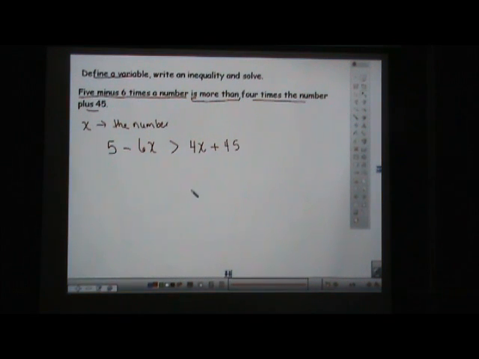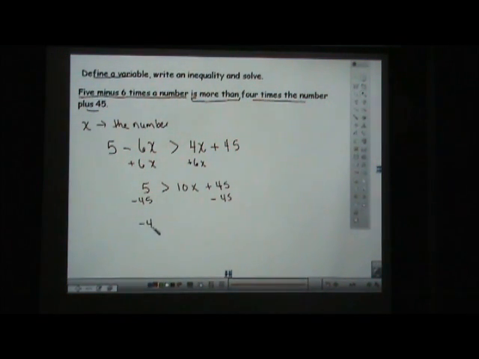Now we'll solve. Two ways to solve this. You can subtract 4x from both sides, or you could add 6x to both sides, and that's what I'm going to choose to do here. So I'm going to have 5 is greater than 10x plus 45. Then I'm going to subtract 45 from both sides. Remember, subtraction does not change our symbol.